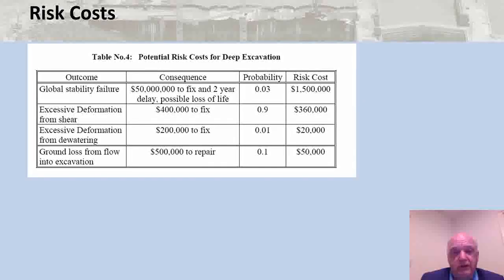And here I just quickly list an estimate of what the consequences of each of these potential failure modes might be, and the probability or likelihood of each occurring. And you've learned already in this course that risk is quantitatively indicated by consequence times probability. And so we have an estimated risk cost associated with each of these failure modes, in the right column.